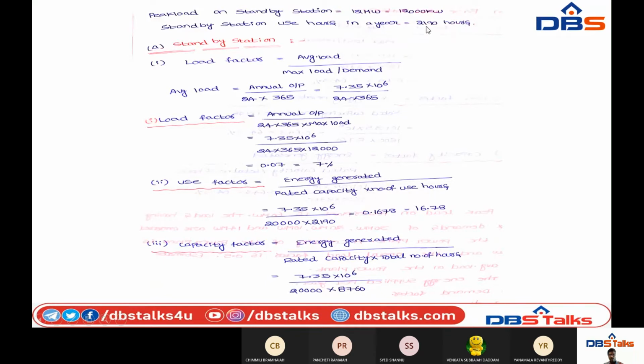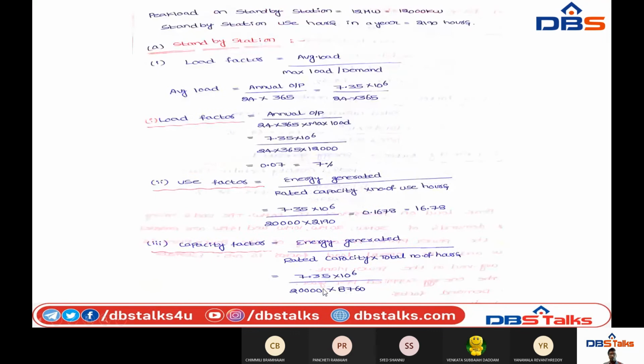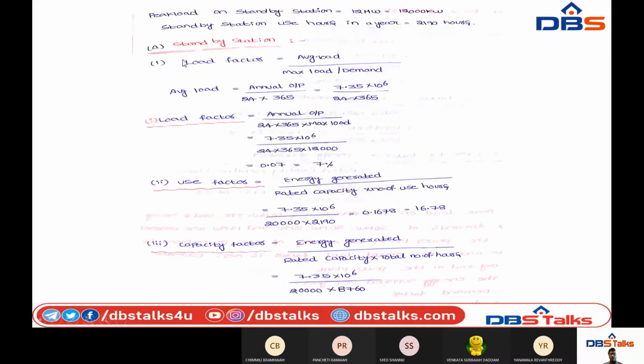But in capacity factor I use the total number of hours, that is 8760 for 365 days × 24 hours. We get 7.35 × 10^6 divided by 20,000 × 8760, and we get the value of capacity factor.